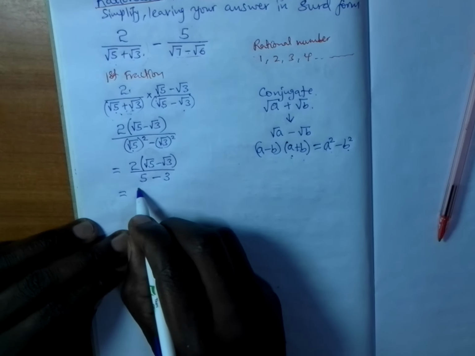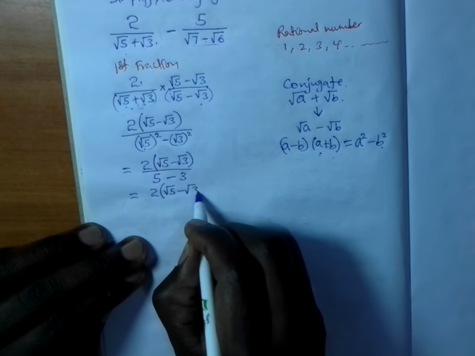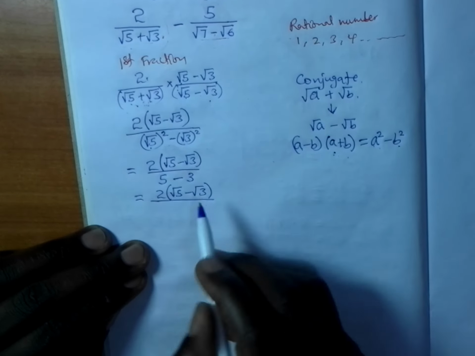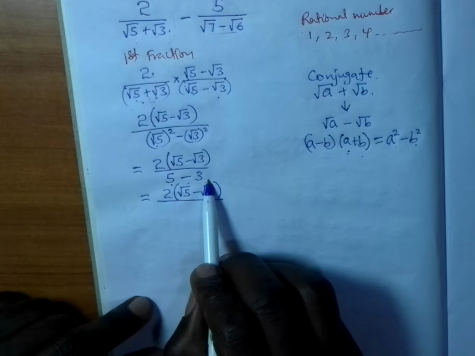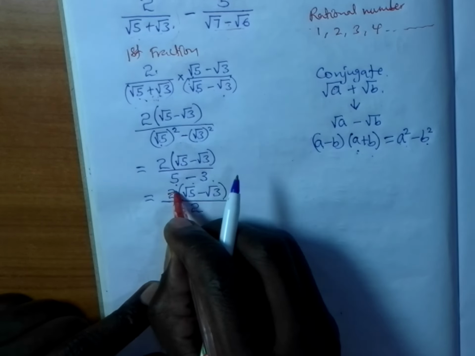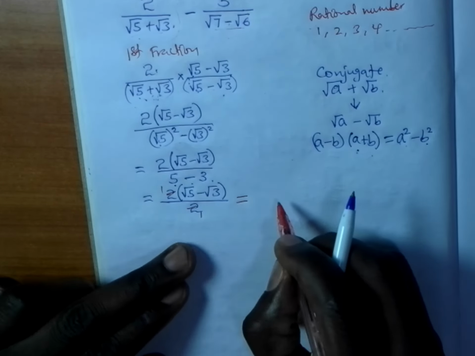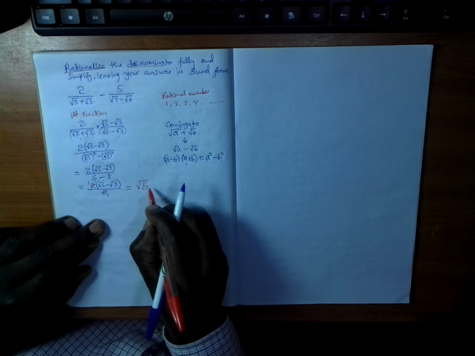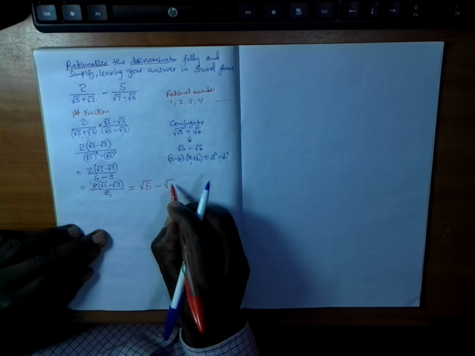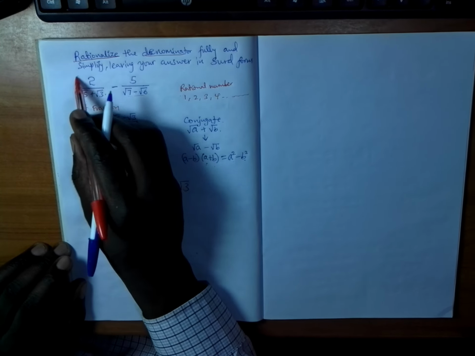Therefore, this will be 2, open the bracket, root 5 minus root 3 all over 5 minus 3 is 2. And therefore, 2 will cancel, 1 will cancel, and therefore we end up getting root 5 minus root 3. So that is the first fraction.